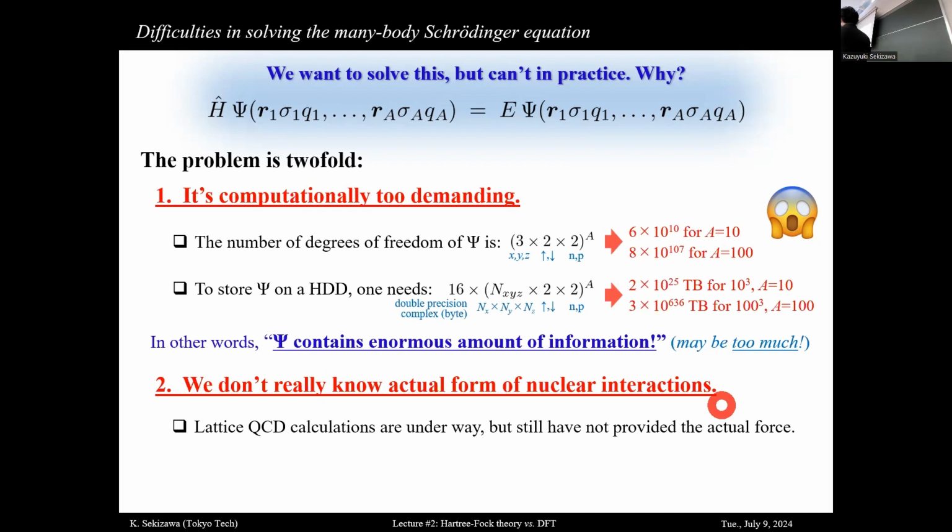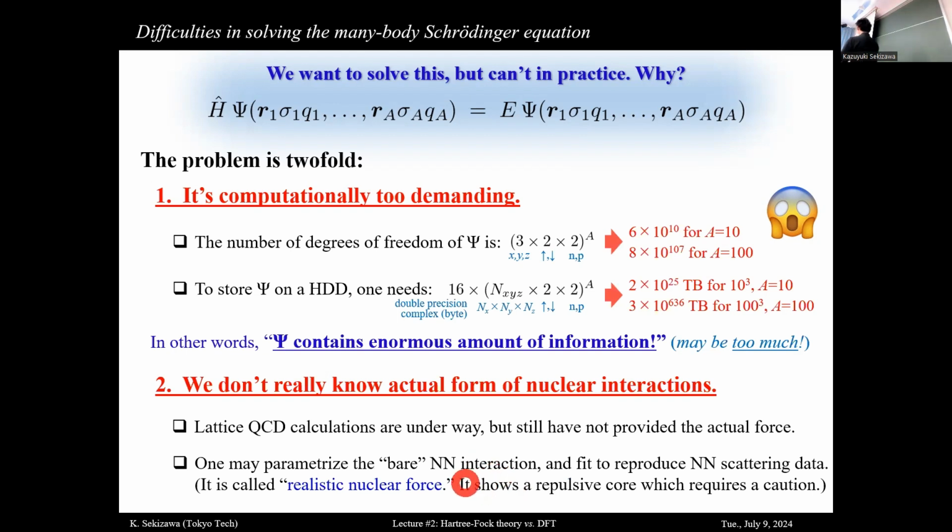For instance, lattice QCD calculations are in progress to derive the nuclear interactions from first principles QCD, but it is not done yet. So we know some attraction and repulsion and so on, but it is not perfectly done.